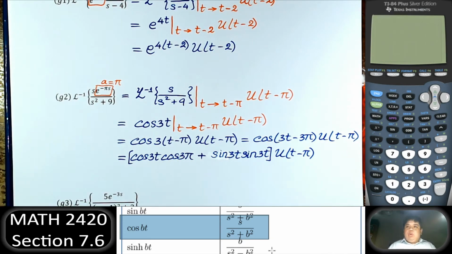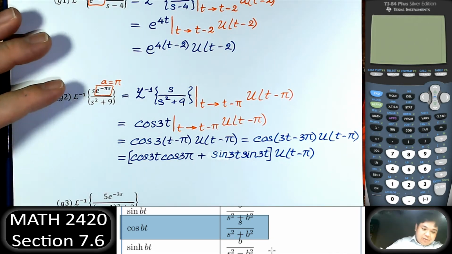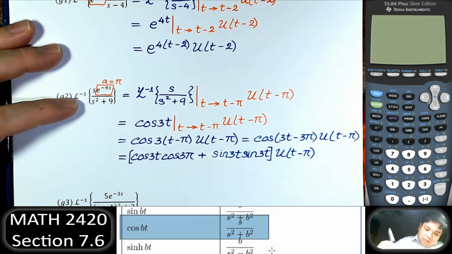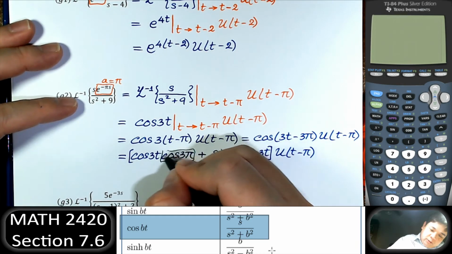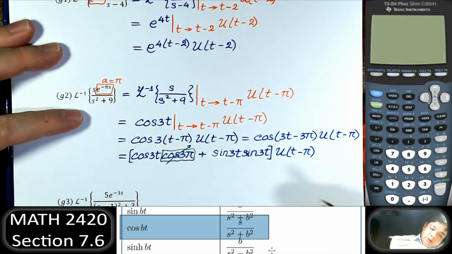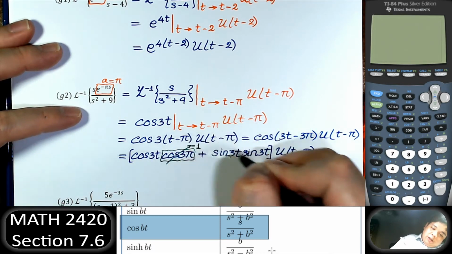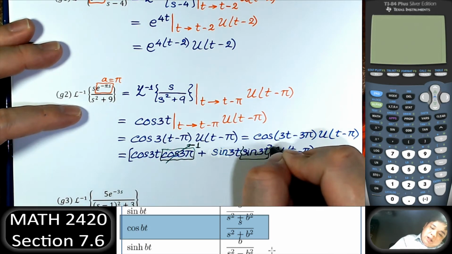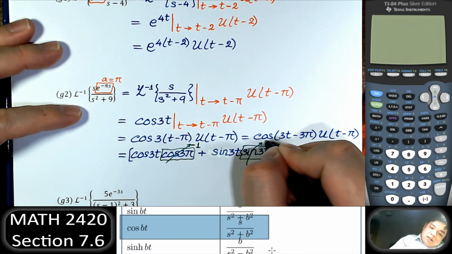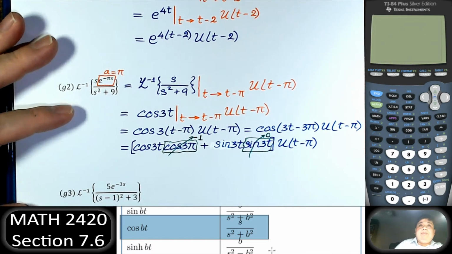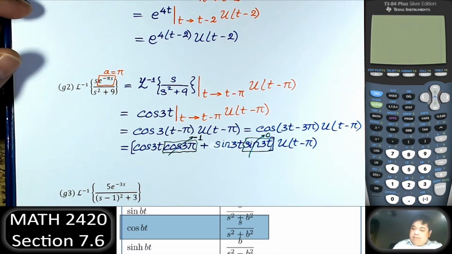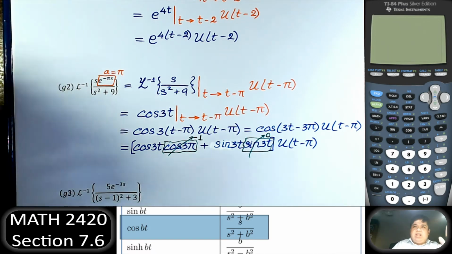Right, cosine 3 pi or cosine of pi, that is -1, and sine of 3 pi, that is 0. Of course, you can just put it in the calculator.